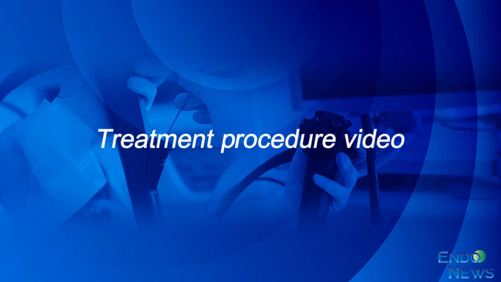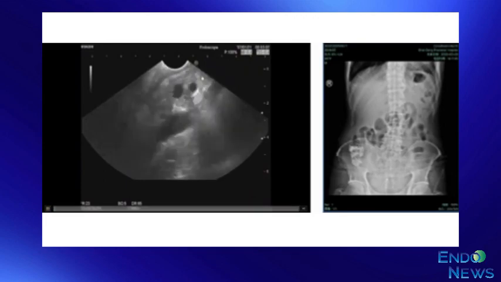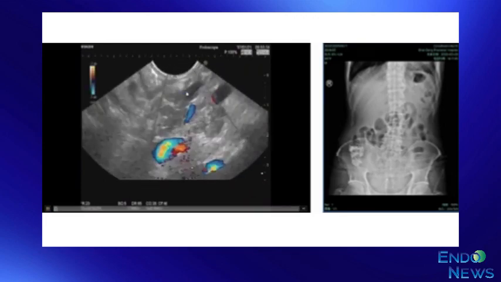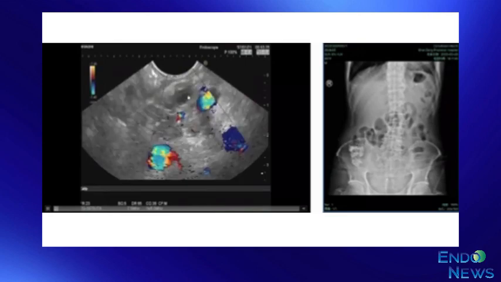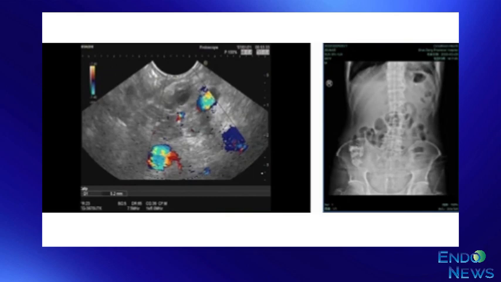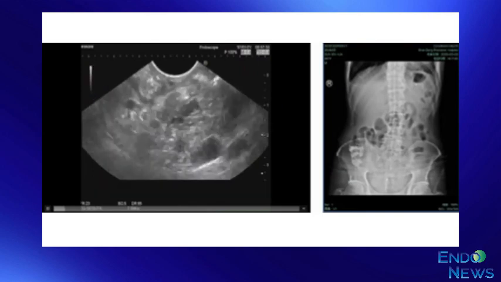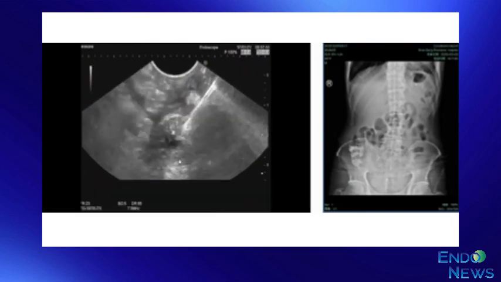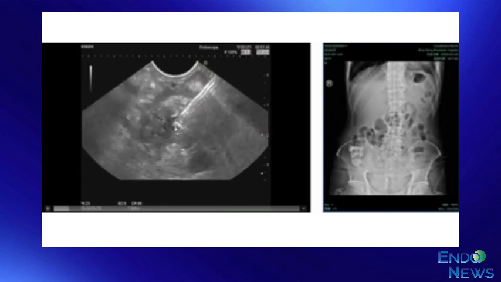This is a video of our treatment procedure. You can see the dilated pancreatic duct. The puncture of the pancreatic duct.